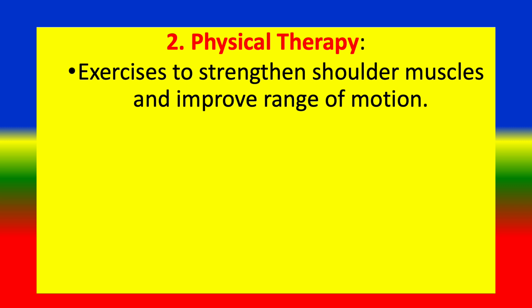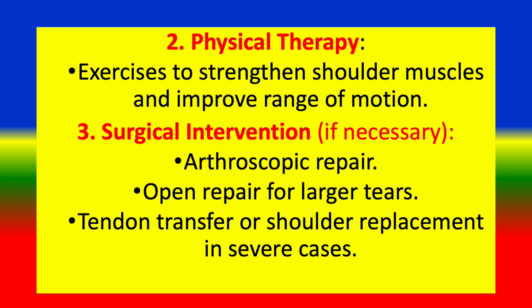Physical therapy exercises to strengthen shoulder muscles and improve range of motion. 3. Surgical intervention if necessary. Arthroscopic repair, open repair for larger tears, tendon transfer or shoulder replacement in severe cases.